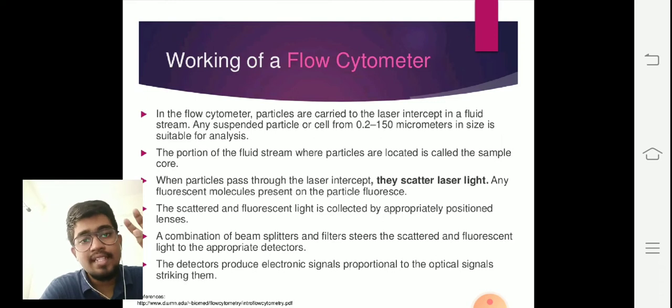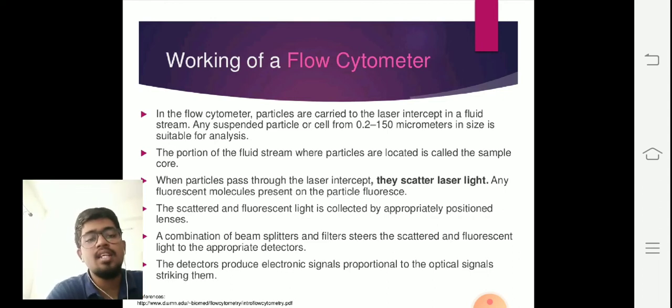The scattered and fluorescent light is collected by appropriately positioned lenses, and a combination of beam splitters and filters directs the scattered and fluorescent light to the appropriate detectors, and then the detectors produce electronic signals proportional to the optical signals striking them.